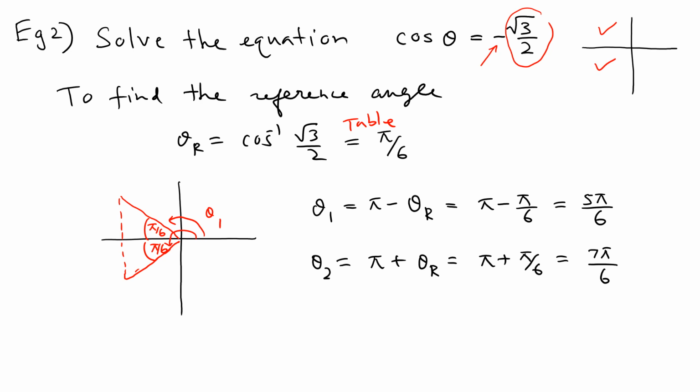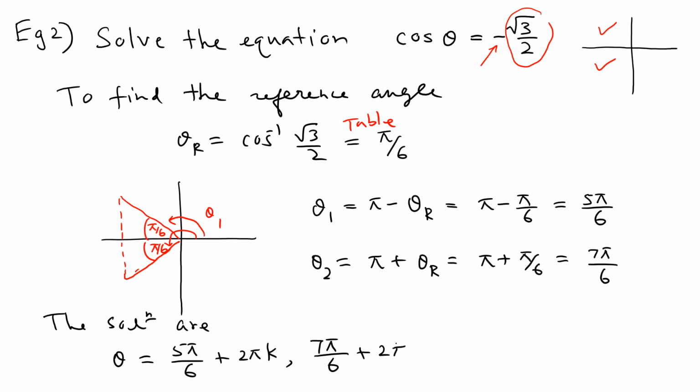So that means the solutions are, you can simply write theta equals: the first one is 5 pi over 6 plus 2 pi k, comma, the other one is 7 pi over 6 plus 2 pi k, where k is an integer.